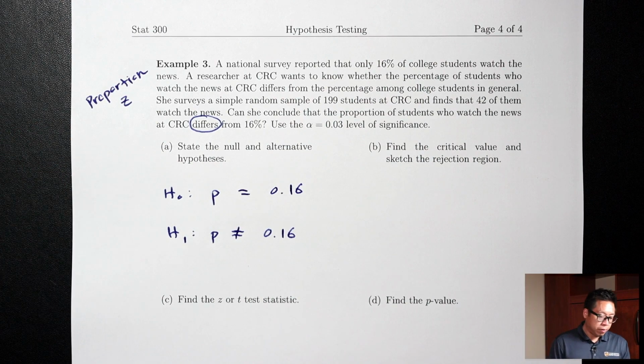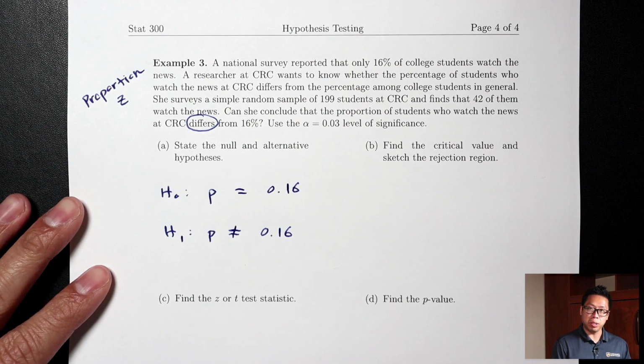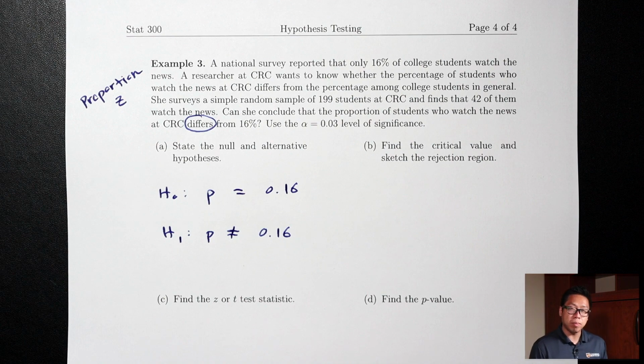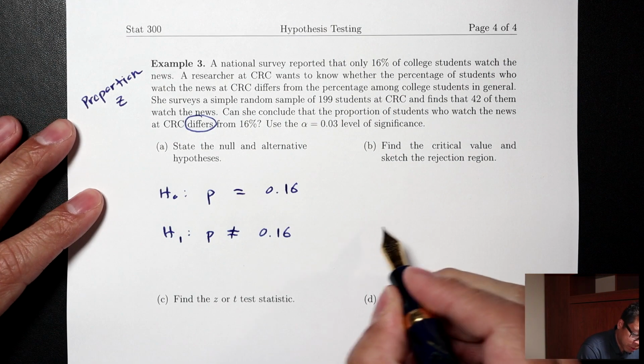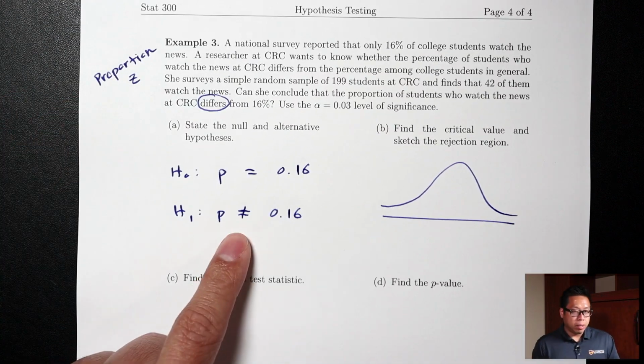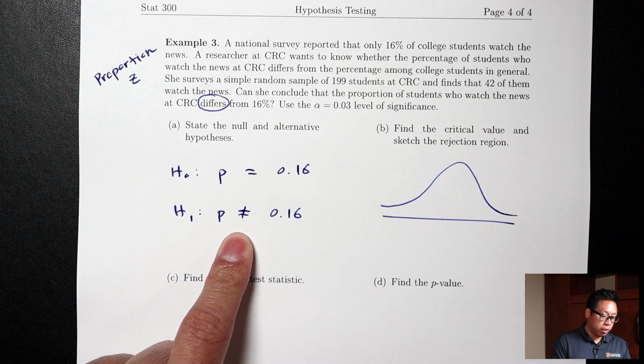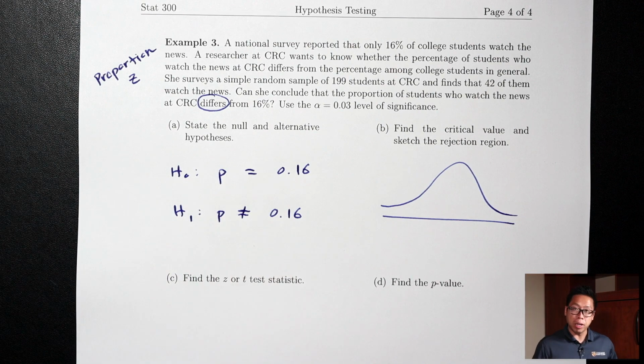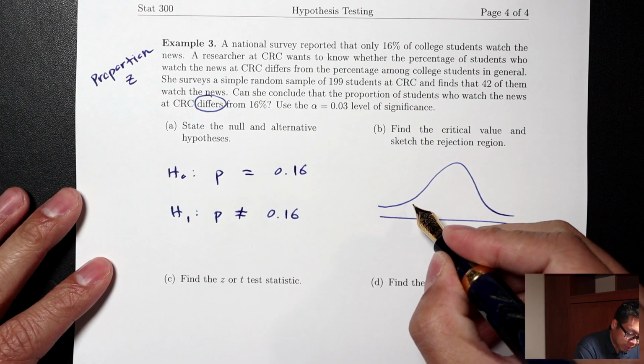Part B, find a critical value and sketch the rejection region. So we're going to draw either the Z distribution or the T distribution. If it's a less than, it will be shaded left. If it's a greater than, it will be shaded right. If it's not equals, it will be two-tailed, so the left and the right.